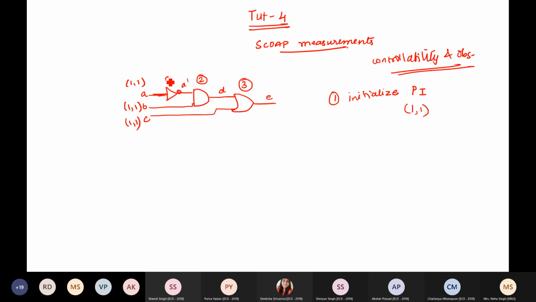So here I have the first level logic gate as the NOT gate. So I'll try to find the controllability at the output of this NOT gate. The controllability are given using the formula. The output controllability for each level.